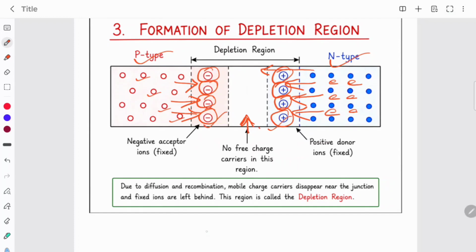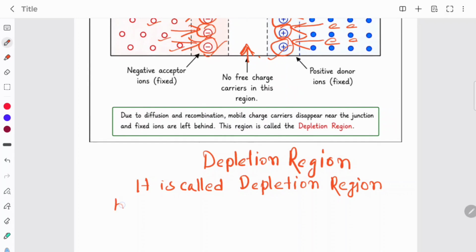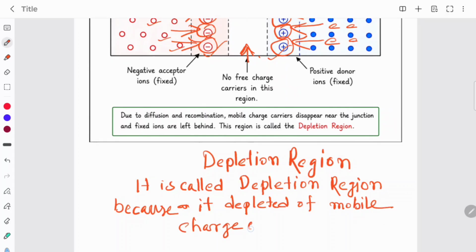So this region is called the depletion region, because it is depleted of mobile charge carriers.